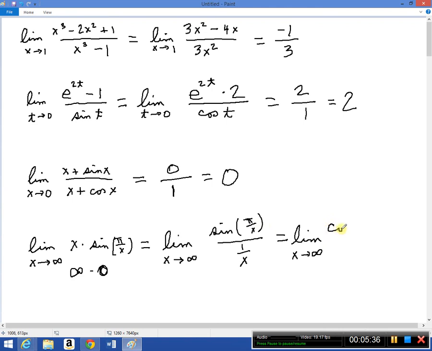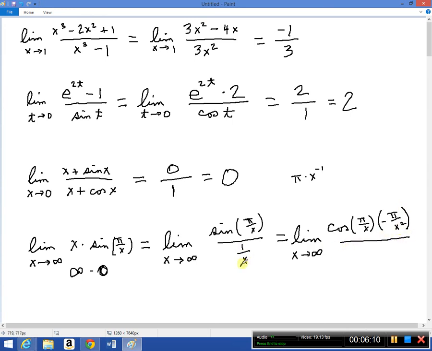Okay, so the derivative of sine of anything is cosine of that anything. So you get cosine of pi over x. But the chain rule says you've got to multiply by the derivative of what's inside, the derivative of pi over x. Well, if you look at pi over x as pi times x to the negative 1, then the derivative of that is going to be minus pi x to the minus 2, which I would rather write as minus pi over x squared, for reasons that become clear in a moment.